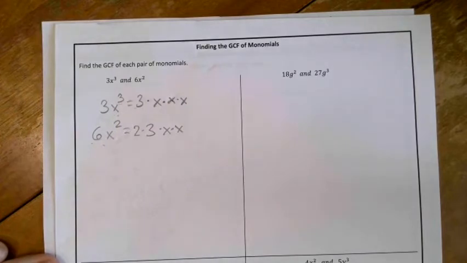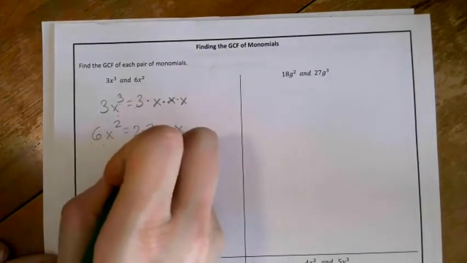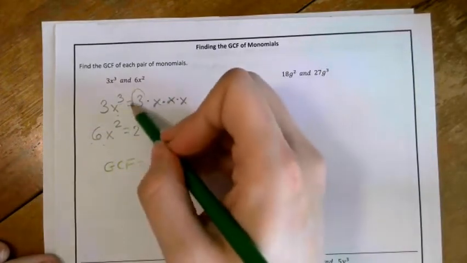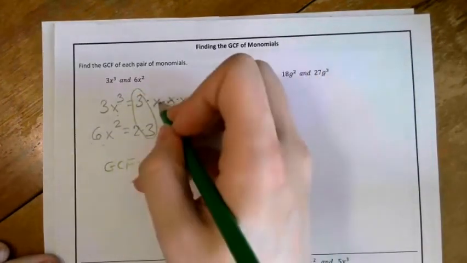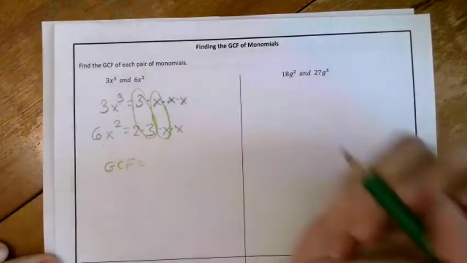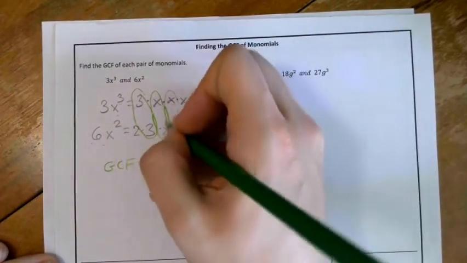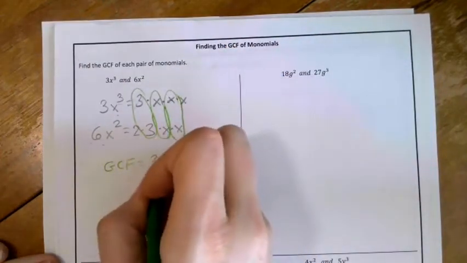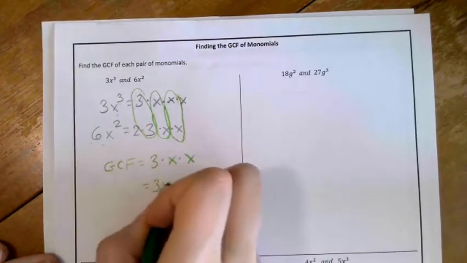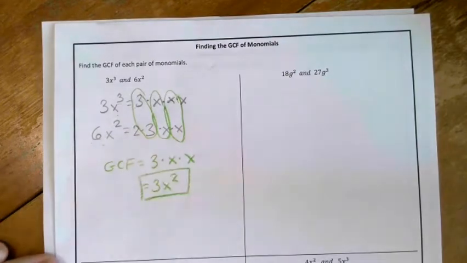So now when I look for the greatest common factor, they both have a 3 in common, they have an x in common, and they have another x in common. So that would be 3 times x times x, which is really 3x squared. That's their greatest common factor.